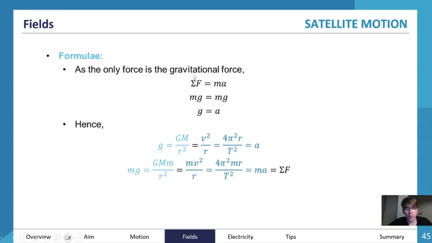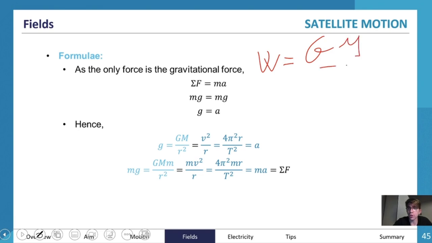The force that acts on it is actually a centripetal force. So we combine the centripetal force with the weight force to derive something that we call Kepler's law. Now, the weight force that we are going to use is a different equation. Since we're learning about gravitational fields, it is equal to GMm on R squared, where G is the universal gravitational constant and R is the distance between the centers of two objects.